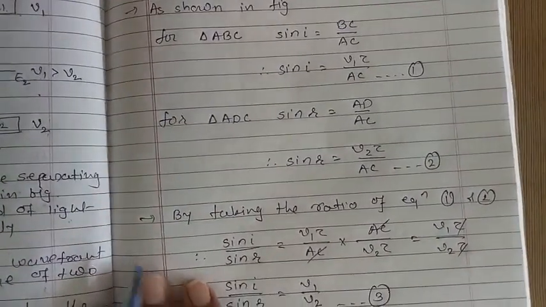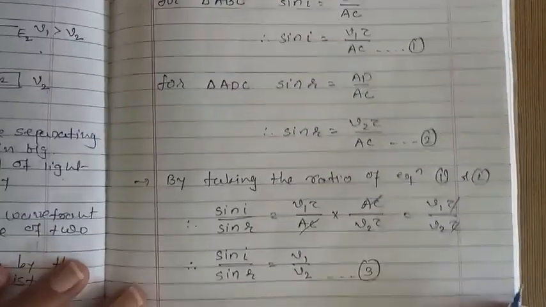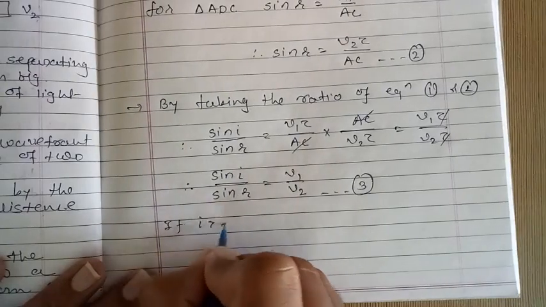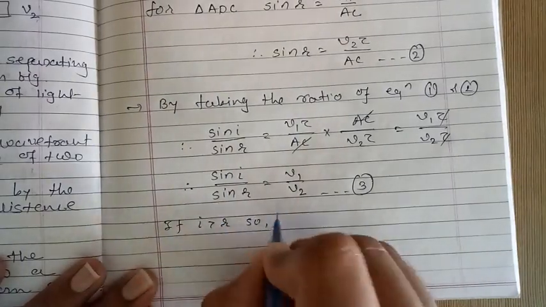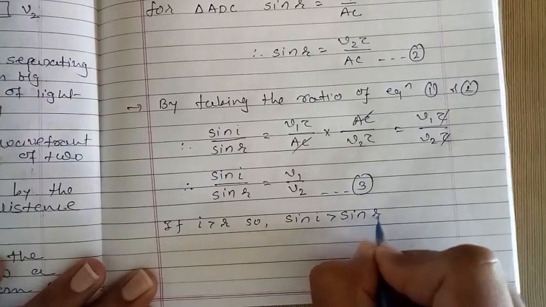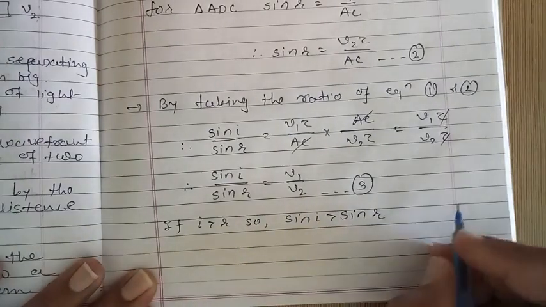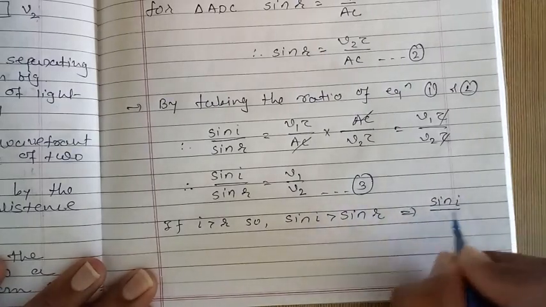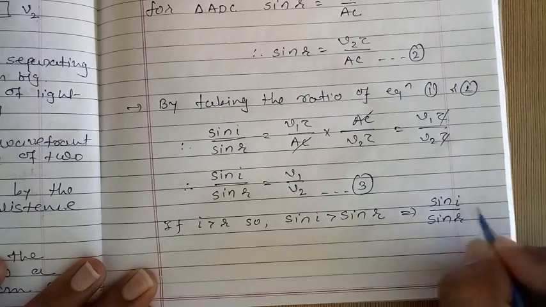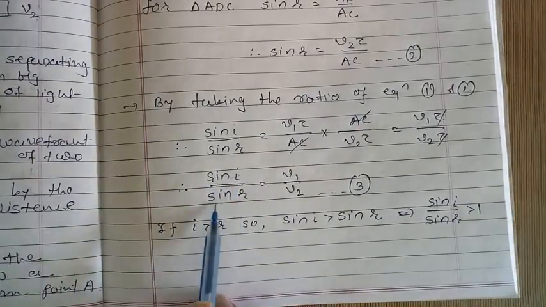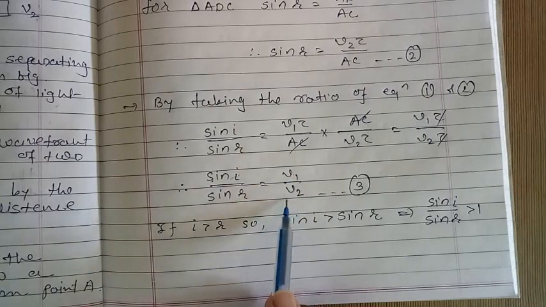So if I is greater than R, we can say that sin I is greater than sin R, or that sin I upon sin R is greater than 1. Here, sin I upon sin R is equal to V1 upon V2.